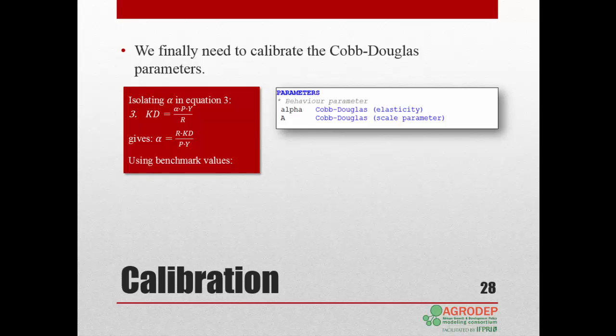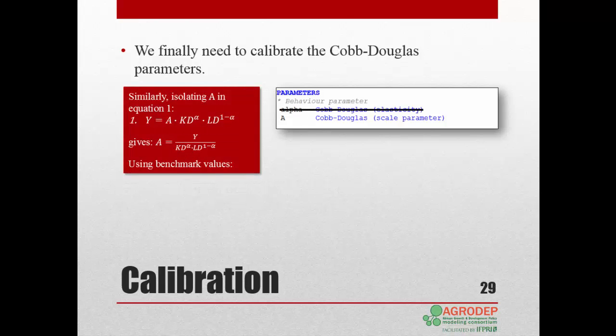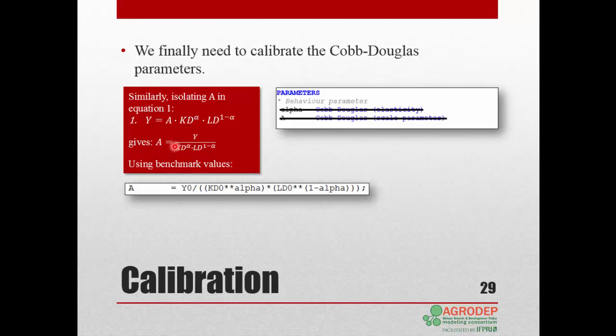We can use benchmark values for R, KD, P, and Y to compute alpha. Similarly, isolating the parameter A in equation 1, we obtain the value of A, and we can use benchmark values for Y, KD, LD, and the derived value of alpha to compute A.